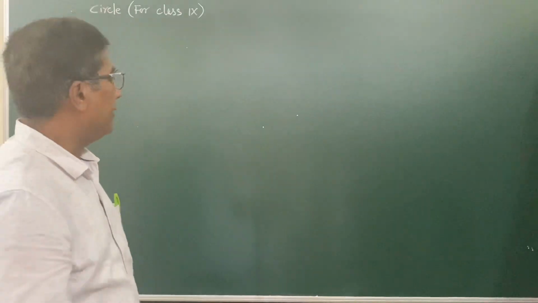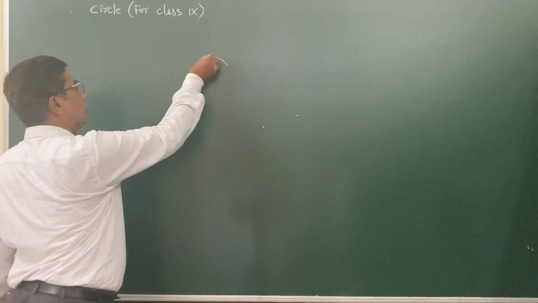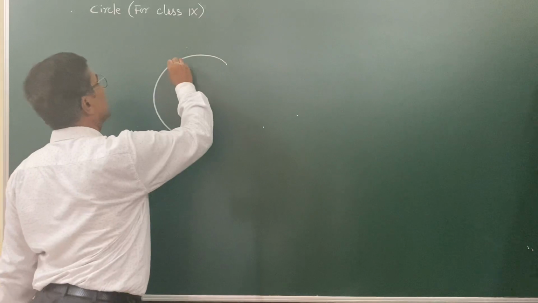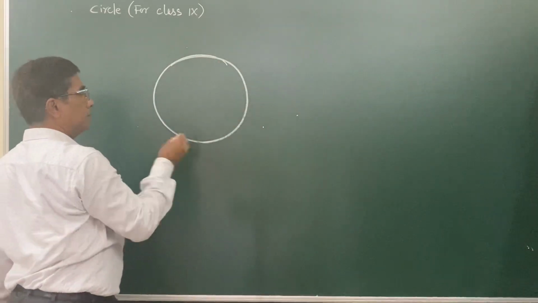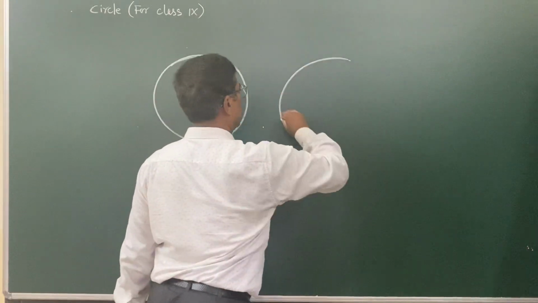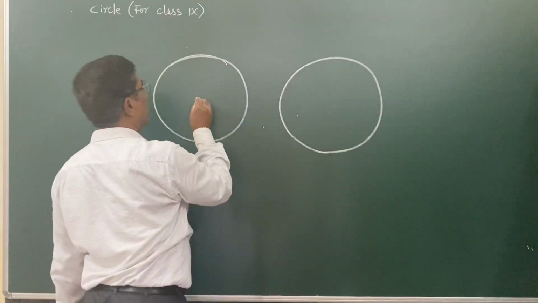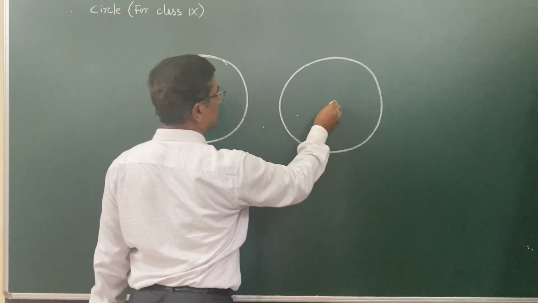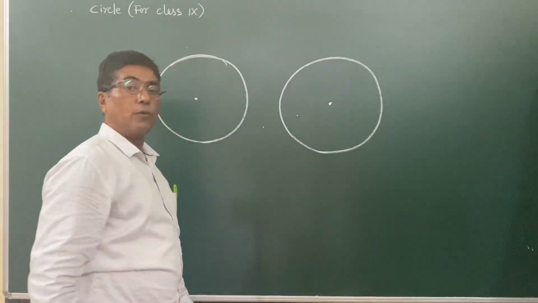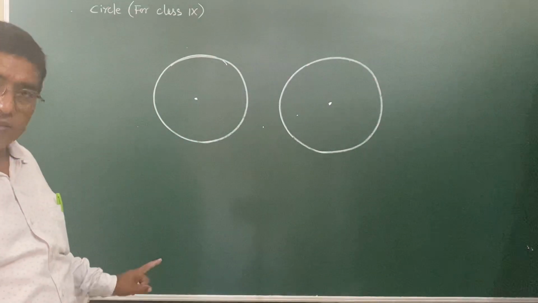Then, if two congruent circles are there, suppose this is a circle, this is another circle. Congruent means the radii are equal.